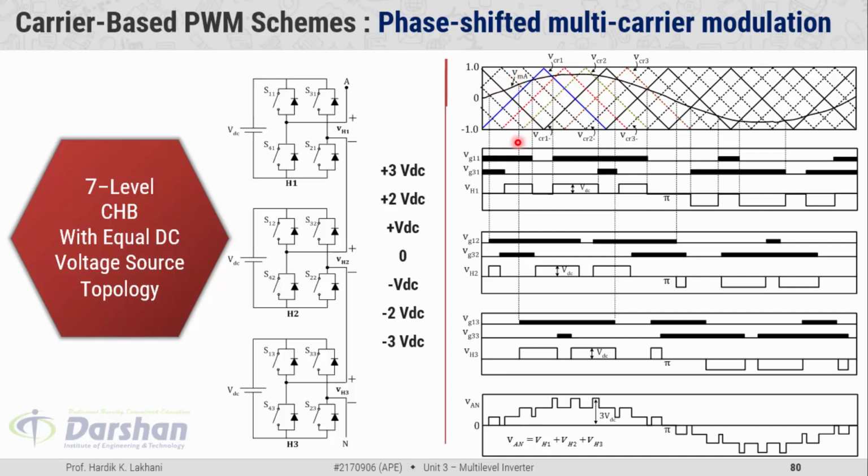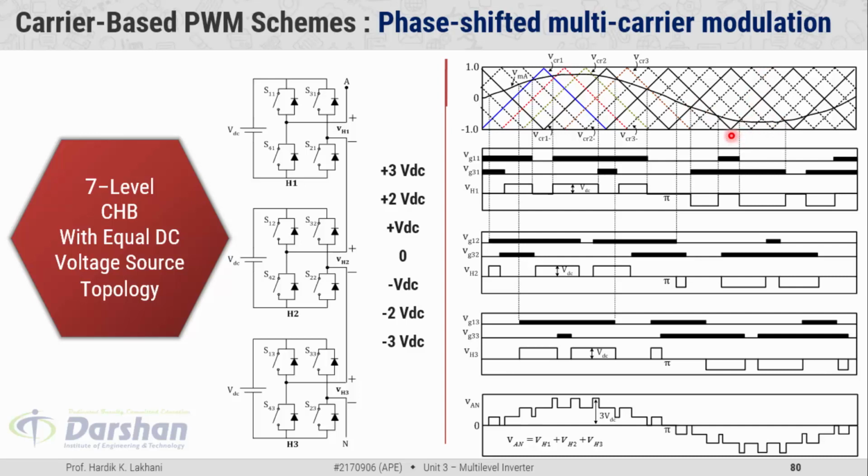The H1 output voltage VH1 is switched either between 0 and VDC during the positive half cycle or between 0 and negative VDC during the negative half cycle of the fundamental frequency.